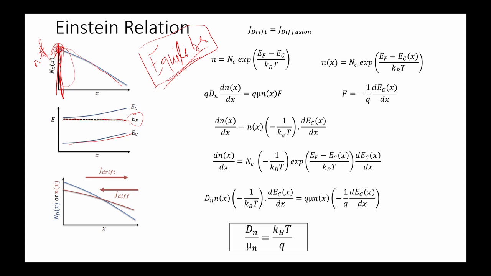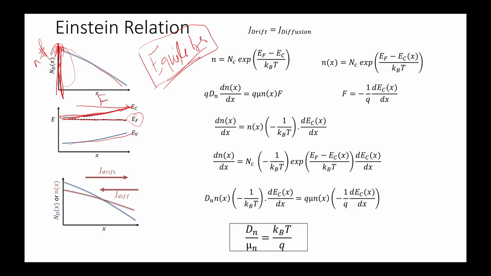Because of this concentration gradient, there is a slope in the conduction band and the valence band. So there must be a field, and the field will be in this direction.